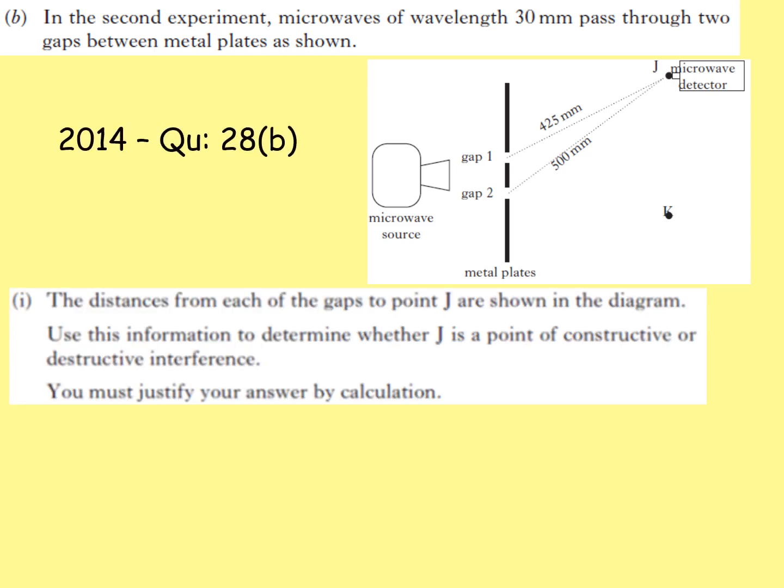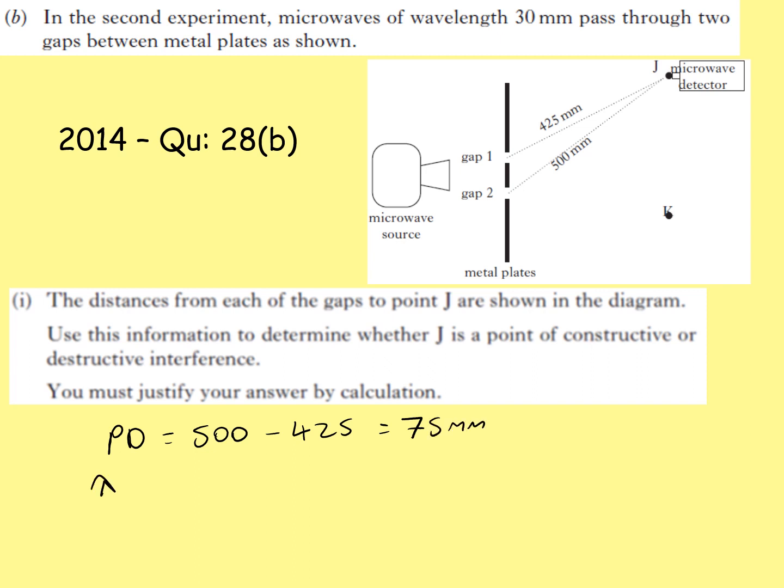So let's take each question at a time. We need to find out whether point J is a point of constructive or destructive interference. So what we need to do here is find the path difference and then compare that to the wavelength. The path difference in the question is going to be equal to 500 millimeters, take away 425 millimeters. That's just gap 2 to J, take away gap 1 to J, which is equal to 75 millimeters.